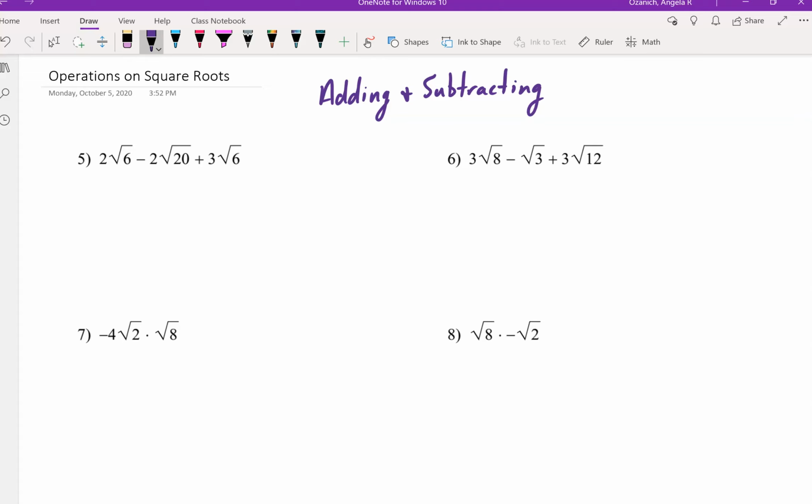So for adding and subtracting, you must have the same value under your square root.